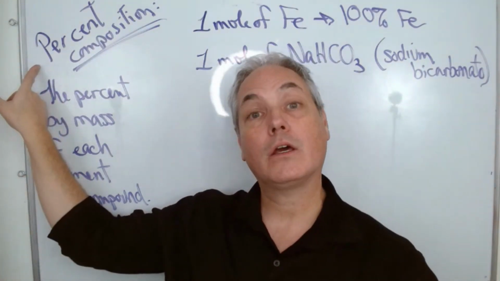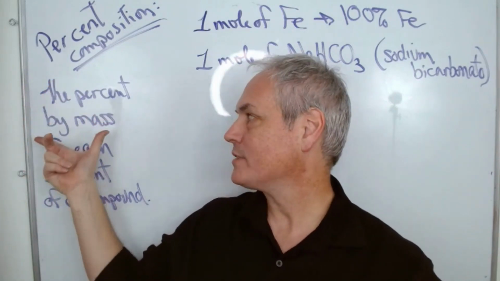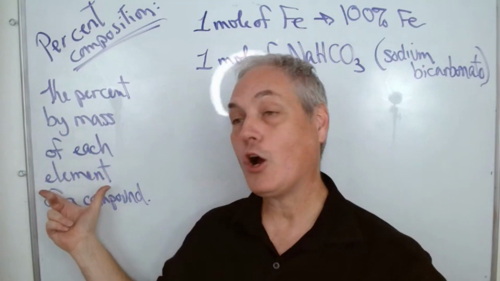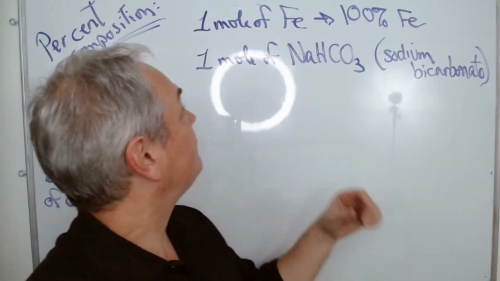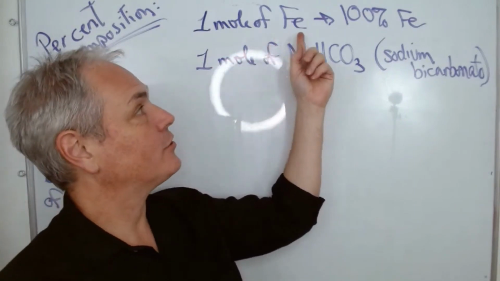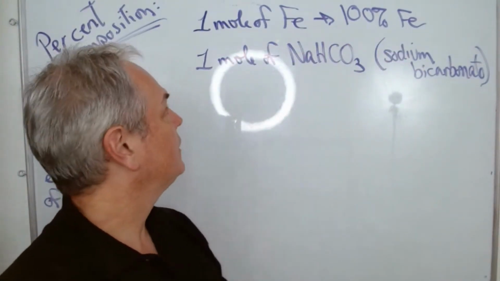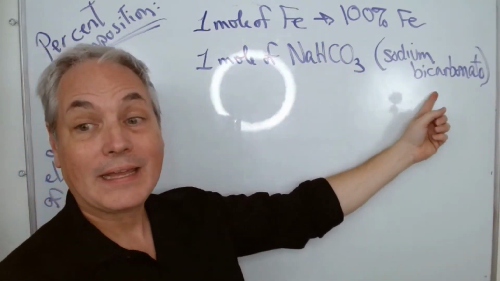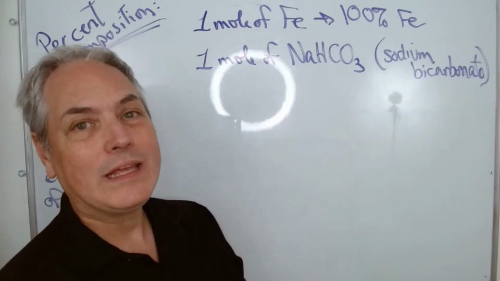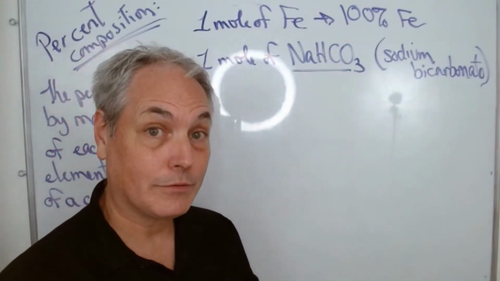A percent composition, the definition here, is the percent by mass of each element of that compound. If I have 1 mole of iron, then it is 100% iron. That is easy. On the other hand, if I have 1 mole of sodium bicarbonate, we have several types of atoms in the formula.